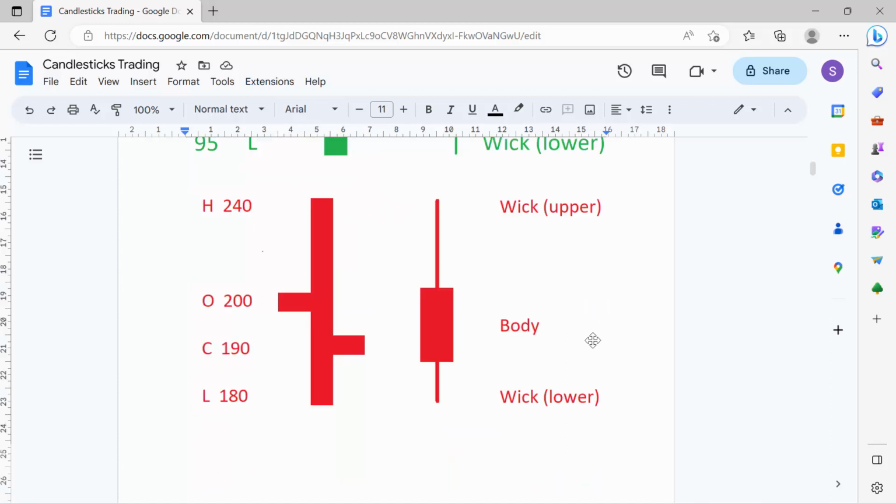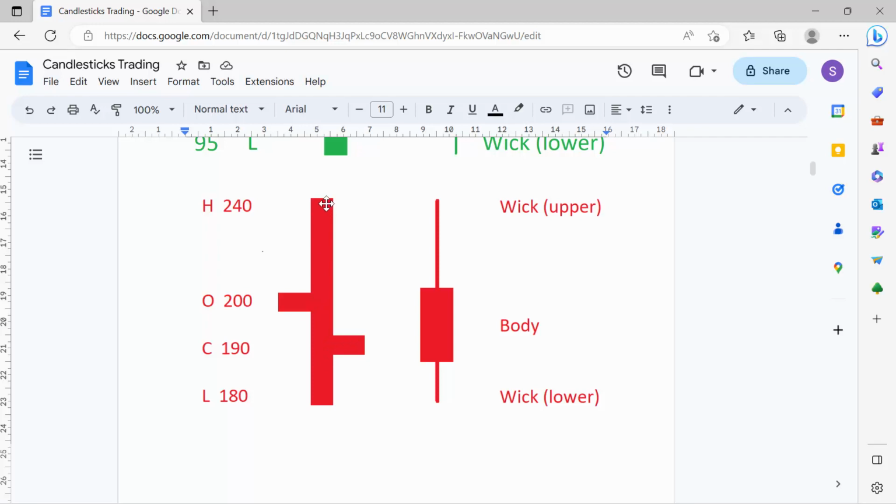Now let's plot stock B. For stock B, this is the bar. Since the closing price is lower than the open price, the sentiment is bearish, hence the color of the bar is red. And since closing is lower, the right bar will be below the left bar.